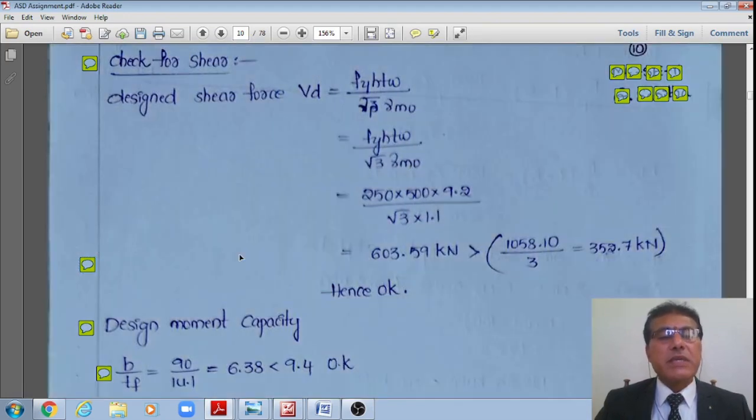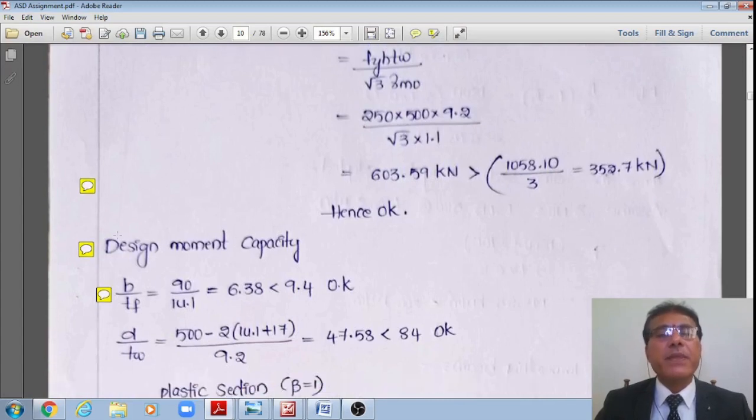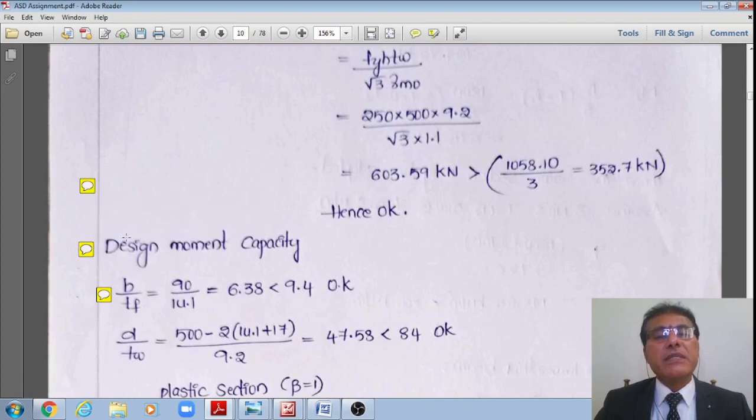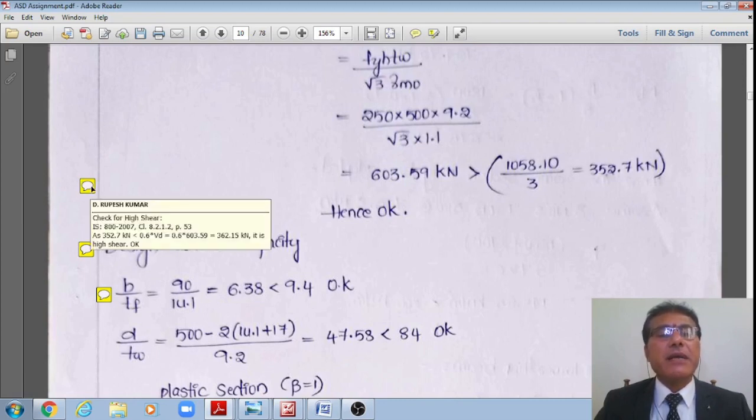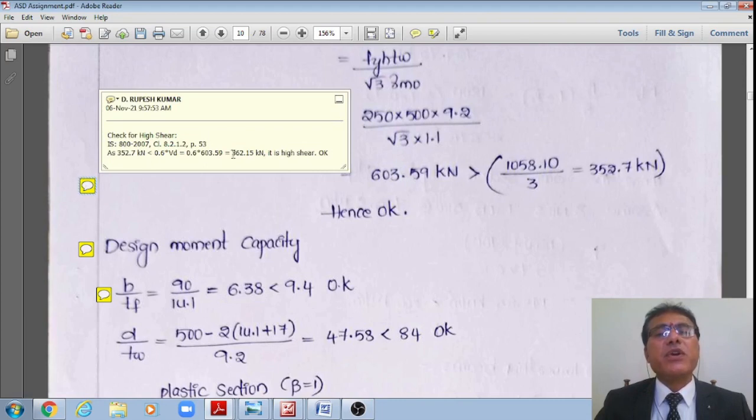Otherwise, you may see how to modify this MD value to MDV as I explained in the previous class. I'm sorry, students. 352 is just less than 0.6 VD, 362. Therefore, it is a case of low shear.